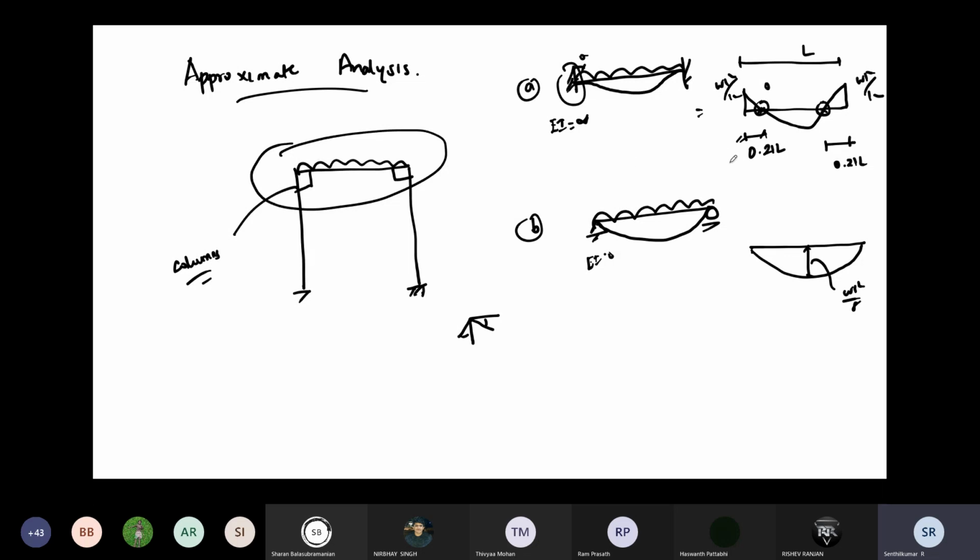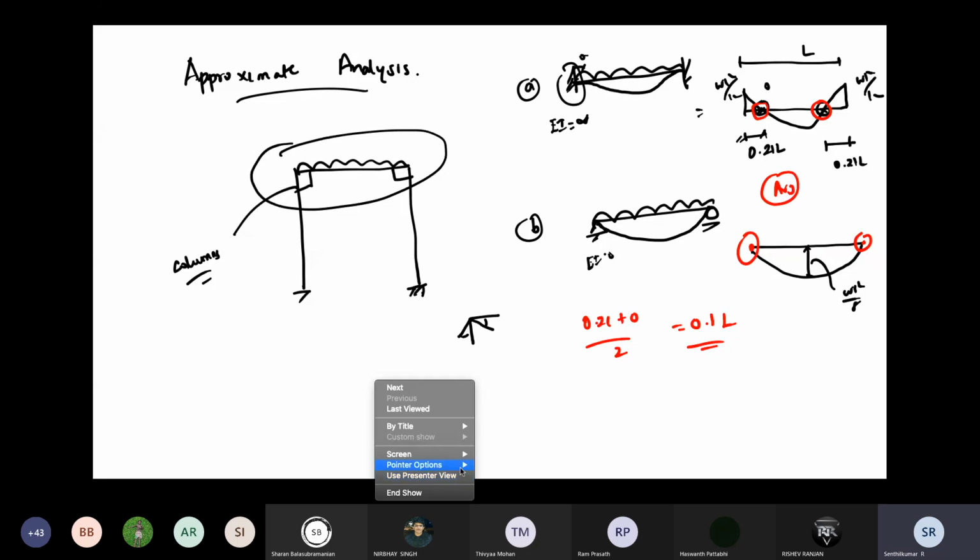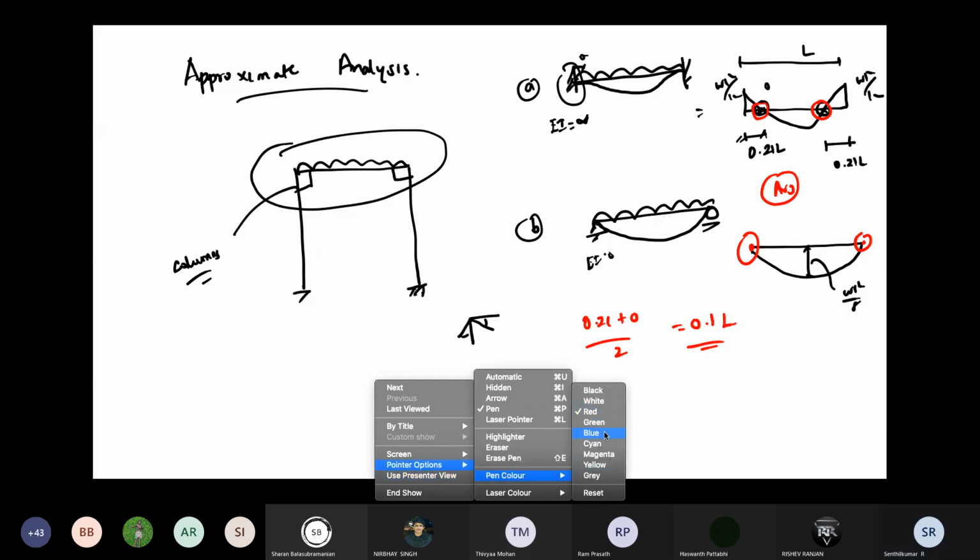So what can we do? In a pin connection, my zero moment is at the support, while for a fixed support my zero moment is at 0.21 L. The real beam-to-column connection is in between fixed and pin, so I can take the average: (0.21 L plus 0) by 2, which is about 0.1 L. So I can assume that the point of inflection, the zero moment, lies at 0.1 L distance.